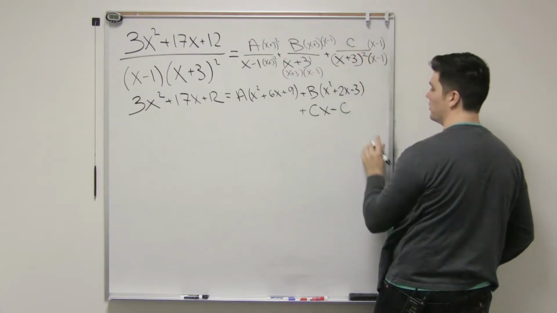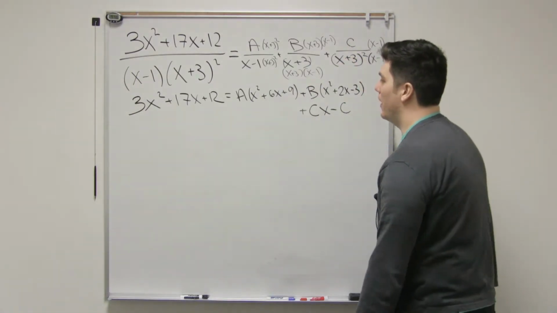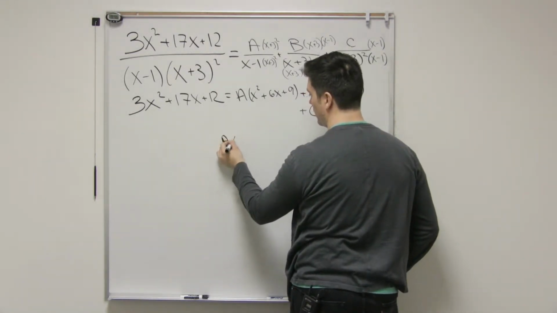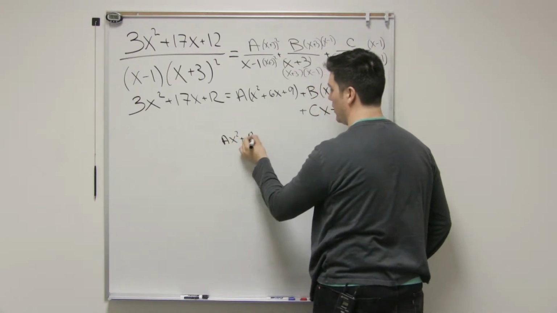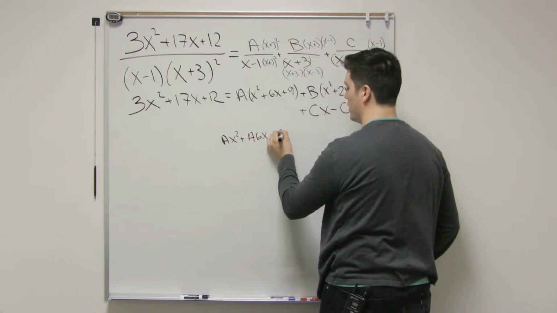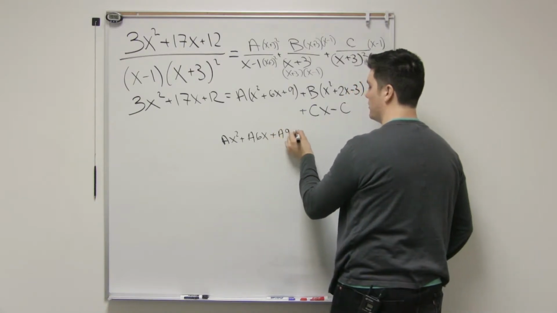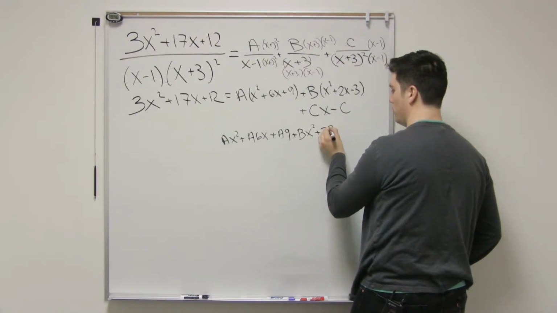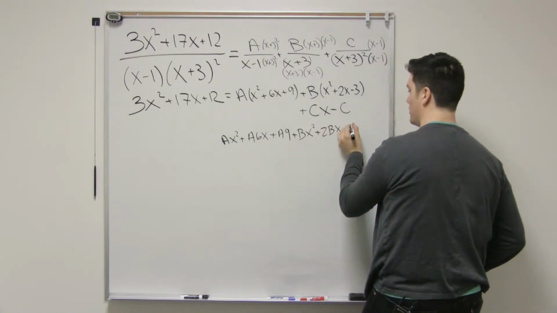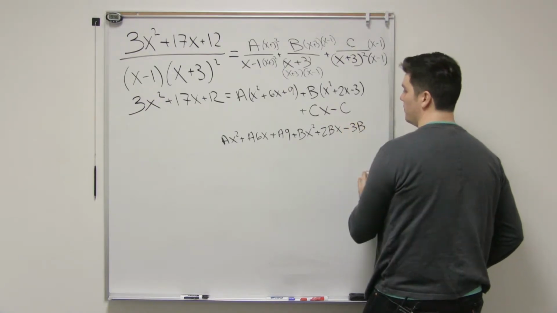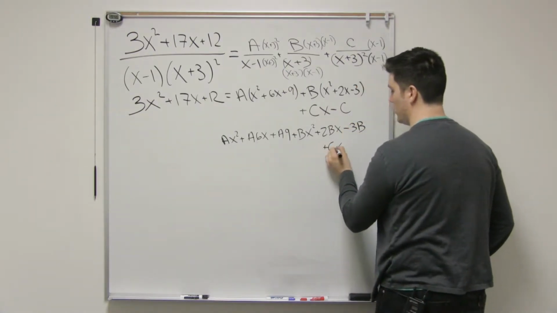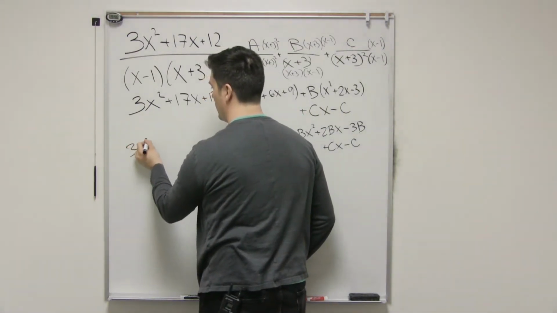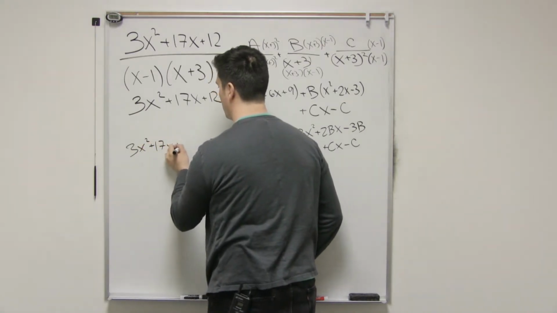So multiplying c in there is pretty easy, so we just did it like that. Now we want to distribute everything through, so we get a x squared plus 6a x plus 9a plus b x squared plus 2b x minus 3b plus cx minus c, and that all needs to equal 3x squared plus 17x plus 12.